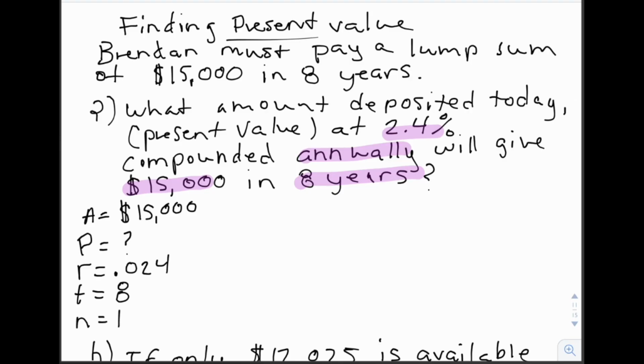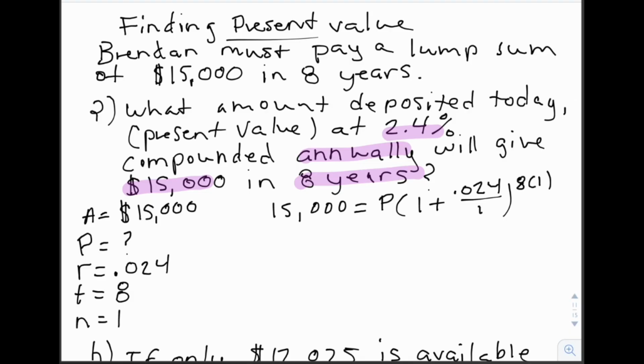So using our formula, what we have is A is equal to P times 1 plus r divided by n, raised to nt. So let's go ahead and plug in our information here. So 15,000 is going to be equal to P, which is what we want to find, times 1 plus 0.024 divided by 1, and then finally raised to the nt, or in this case, 8 times 1.